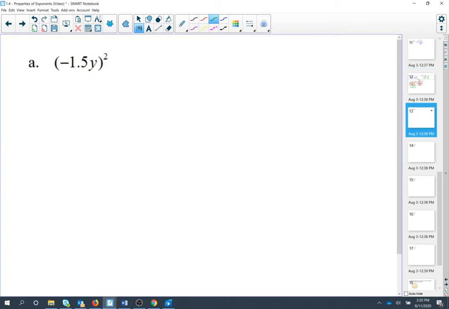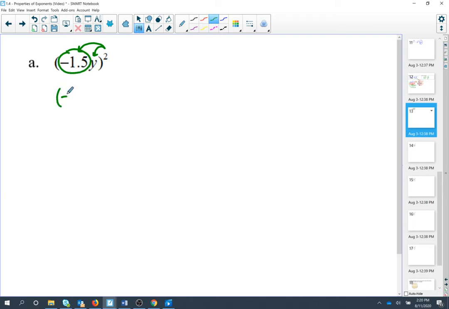Now let's give all of that a try. So letter A, (negative 1.5y) squared. This is our product to a power. So we're going to take the squared and distribute it both to the negative 1.5 and to the y. I'm going to consider this negative as part of the 1.5.